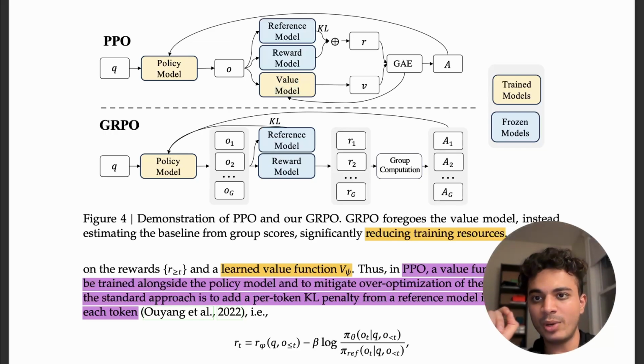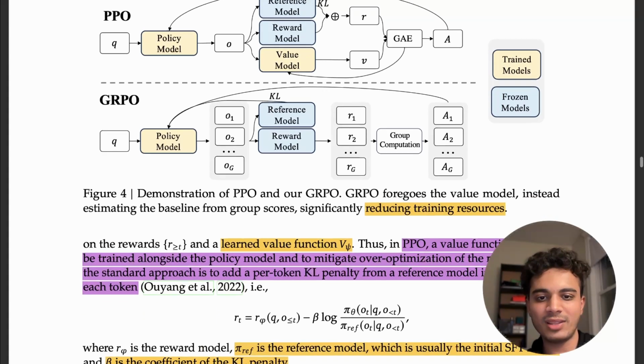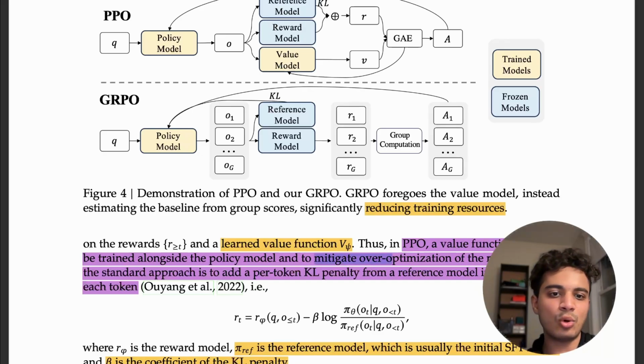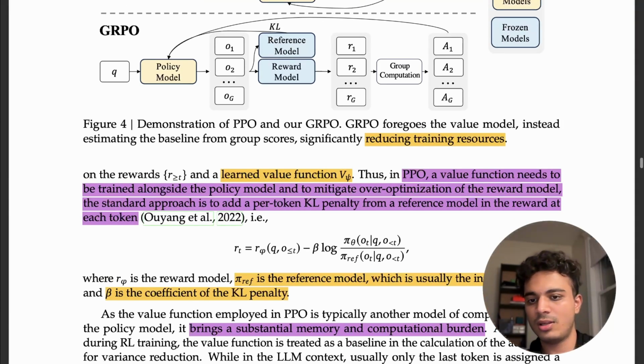These two need to be trained because the value model becomes the baseline to train the policy model, which is extremely computationally expensive. Also, to mitigate over-optimization of the reward model, the standard approach is to add a per-token KL divergence penalty from a reference model in the reward function at each token.